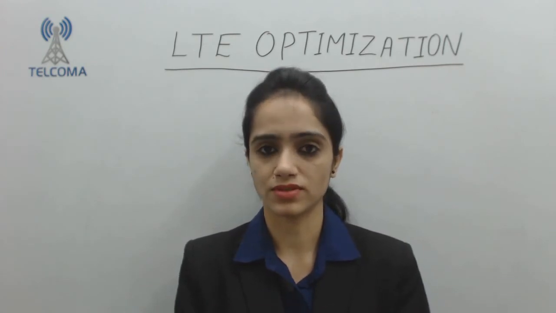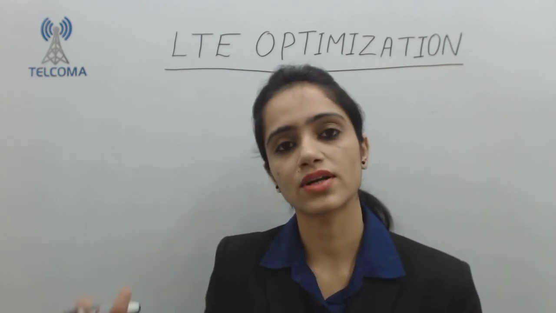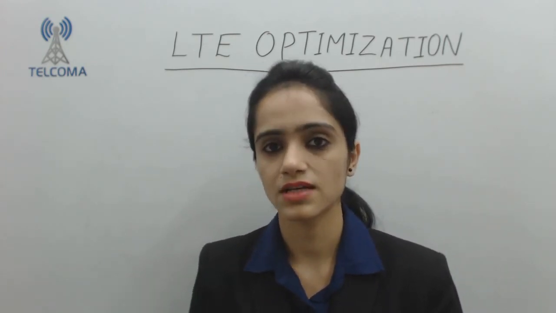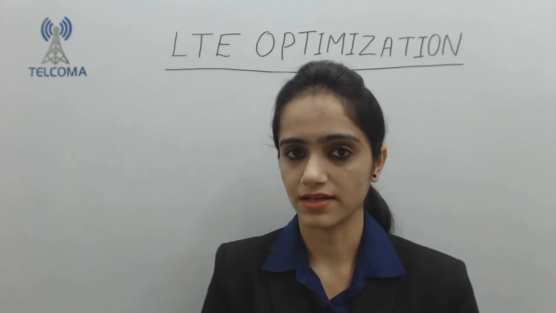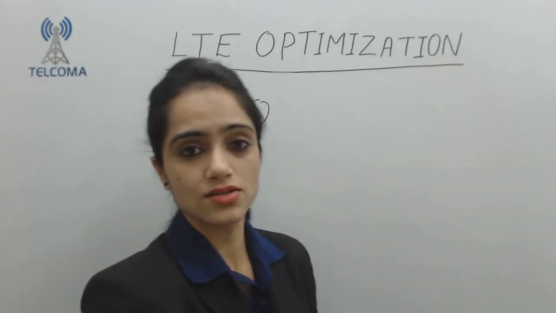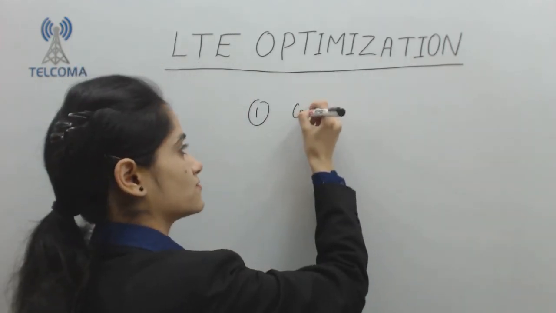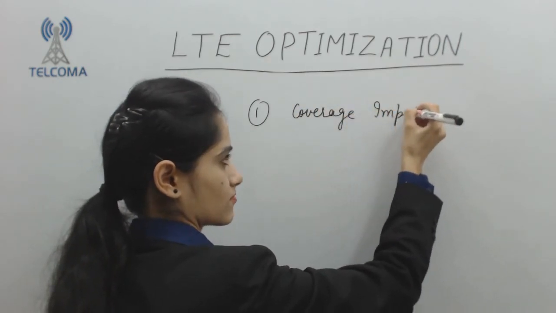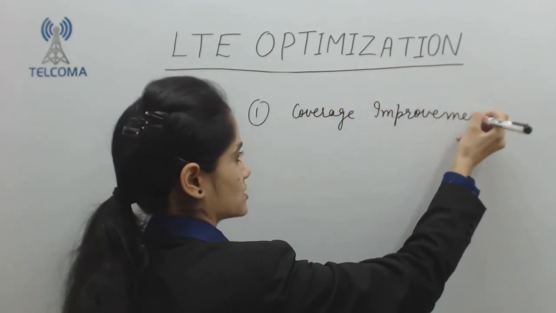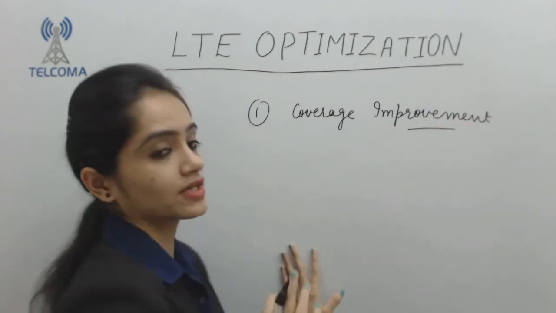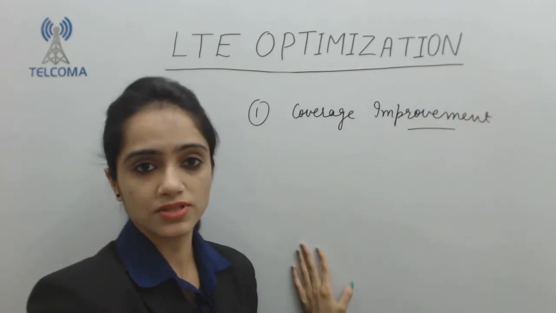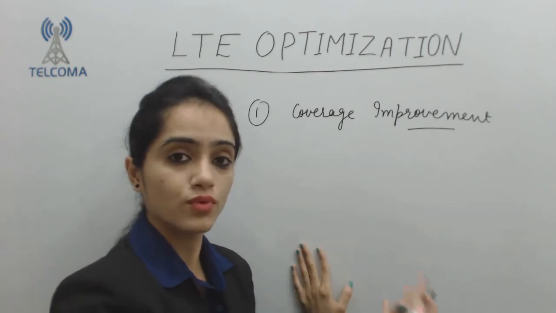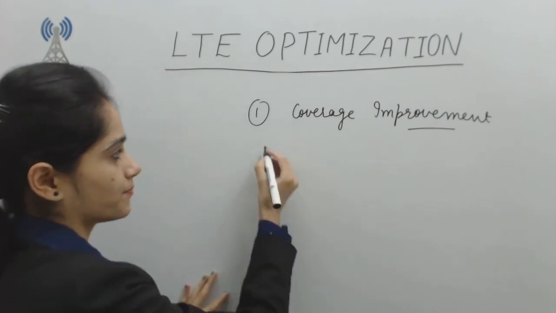That's why we have continuous optimization of the network, to find the various irregularities in the network. Other than these, there are various issues for optimizers; sometimes we require coverage improvement. My coverage is not good and we require to improve it. So this is also a function of the optimizer, to improve the coverage of a particular area.